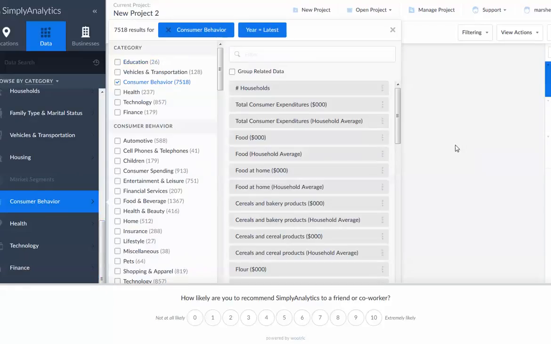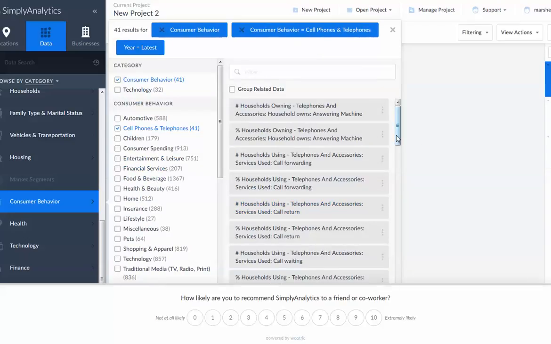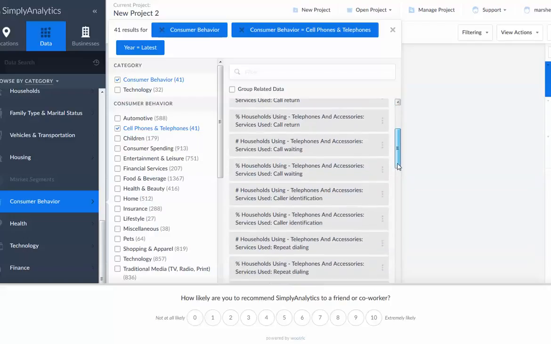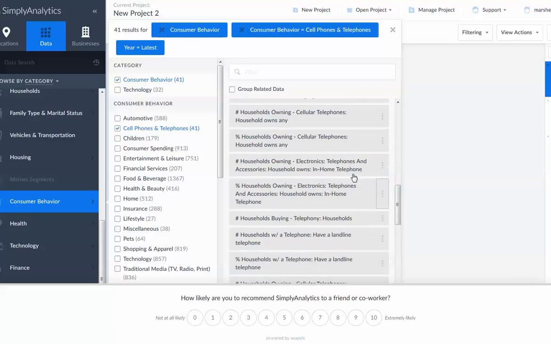Consumer behavior, I can look at do they have cell phones and telephones, right? Okay, so I'm going to go here and say I want to add, here you go. So the number of households owning cellular telephones. This tells me if I'm going to consider doing a mobile strategy. I would be surprised if we didn't have a lot of cell phones, but you should check, right?